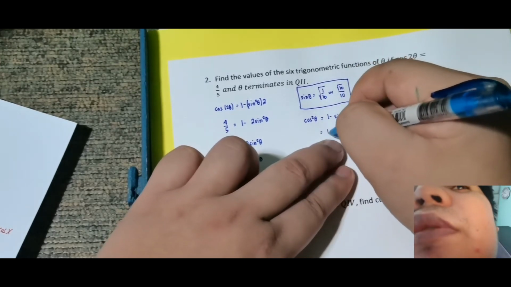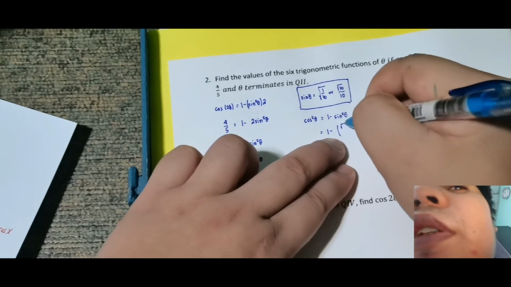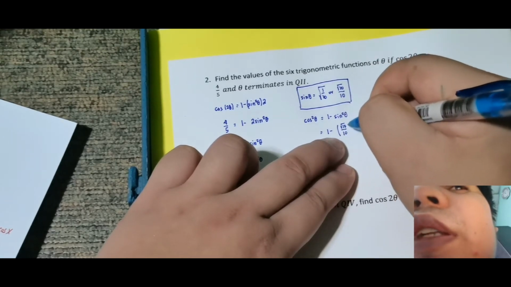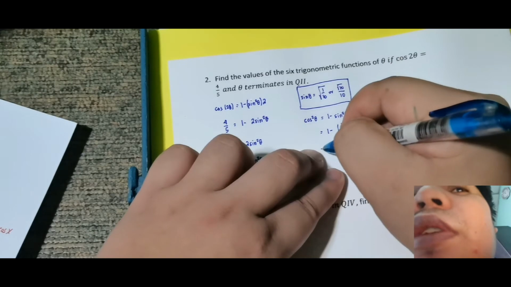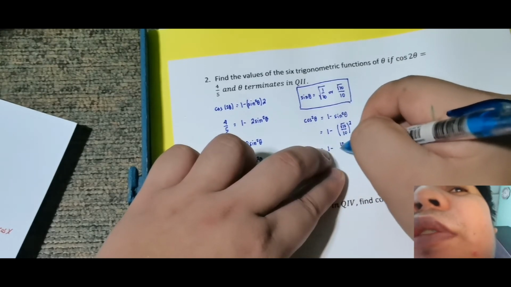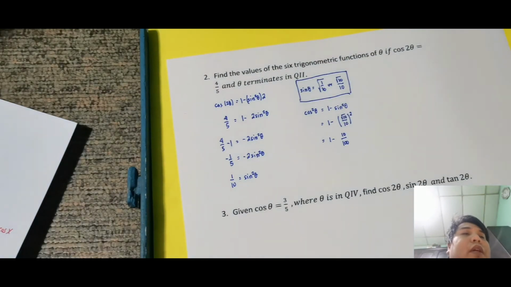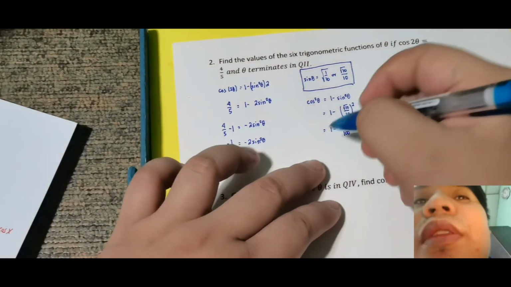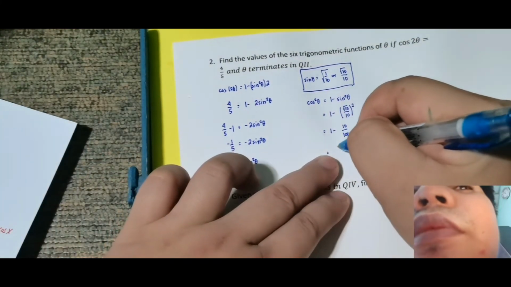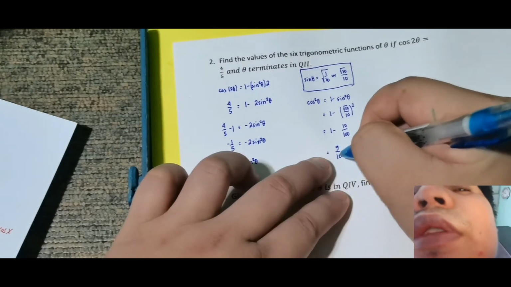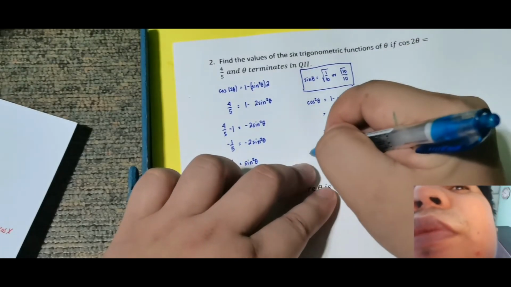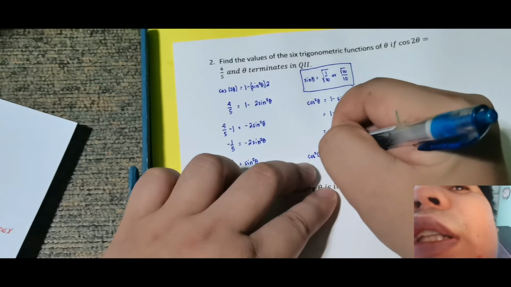So this is equivalent to 1 minus square root of 10 over 10 squared, which is equal to 1 minus 10 over 100, or which is 1 over 10. Tama. So since 1 over 10 yan, this is equivalent lang sa 9 over 10 kung tama ko ng pagkakakompute. That is cosine squared theta.